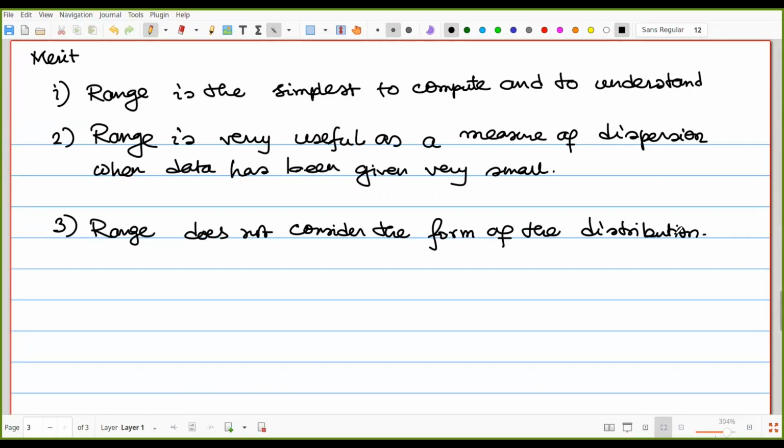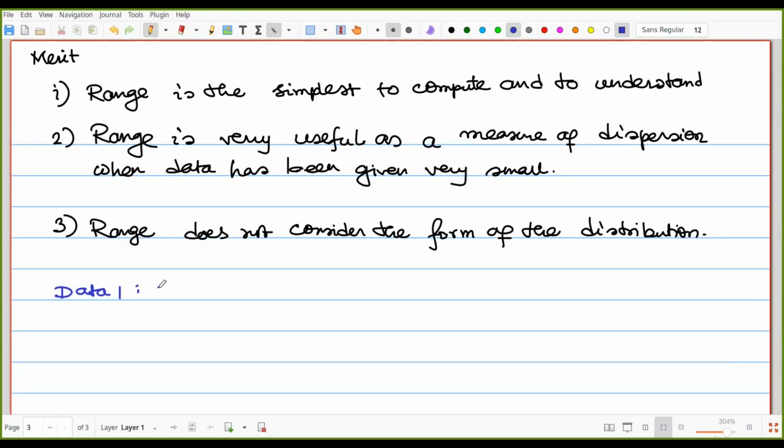That means two types of distribution with different shapes, having a completely different nature of variability, might have the same value of range. Suppose we have two data sets.